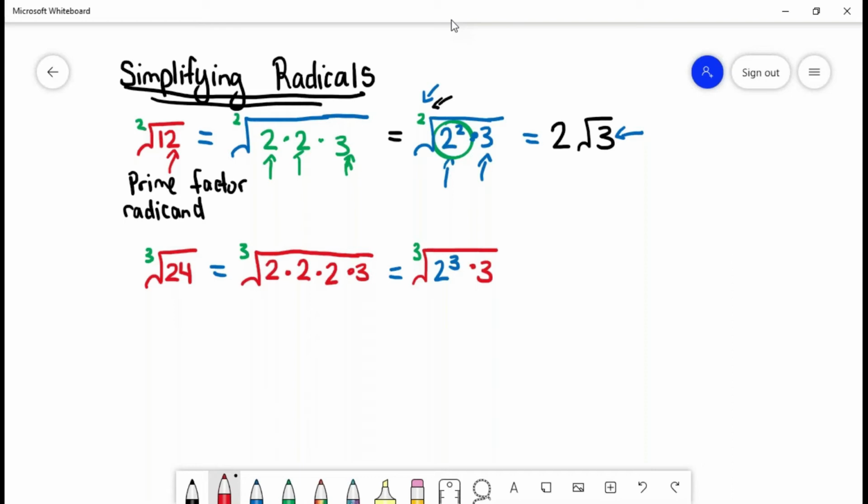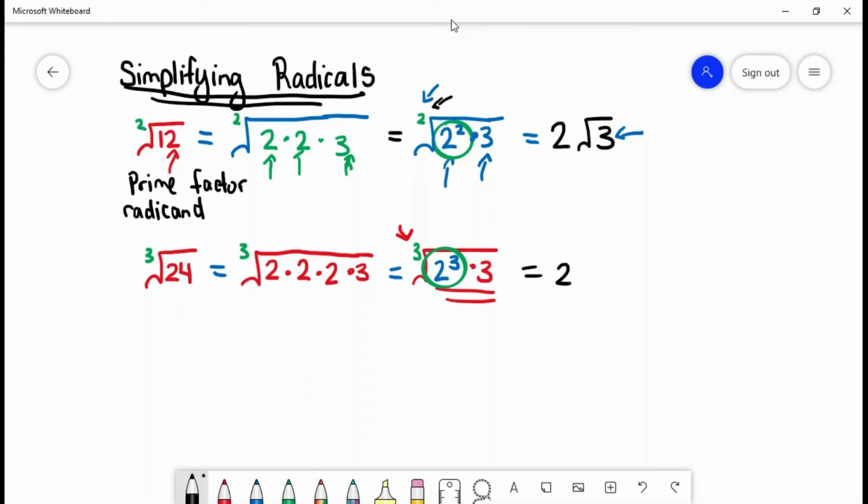So now, as you can see, the prime factorization is 2 cubed times 3, and we have a root index of 3. So pay attention to the values you got when you prime factored, and also pay attention to the root index. We have 3 2s and 1 3. Since we have a group of 3 numbers and we have the root index of 3, for every group of 3 of the same number, one of those numbers exists on the outside of the radical.